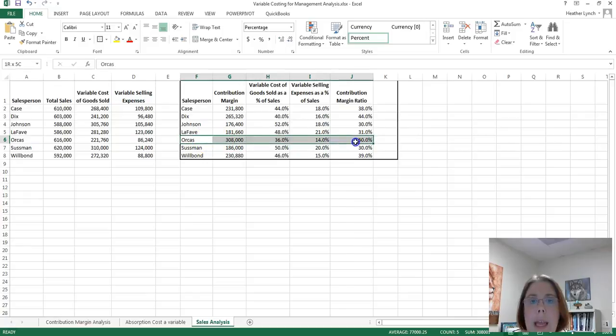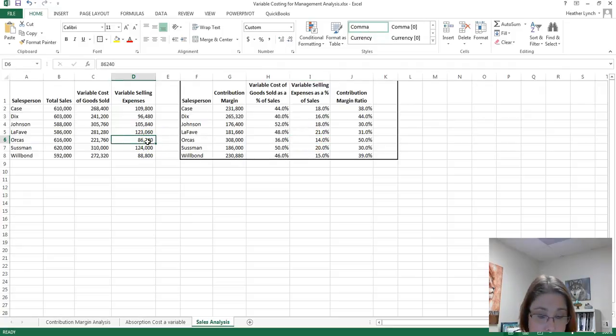Well, his variable selling expenses were the lowest. He only had 86,240, and his cost of goods sold was 221,760. So he's earning a little bit more profit than the rest of them.